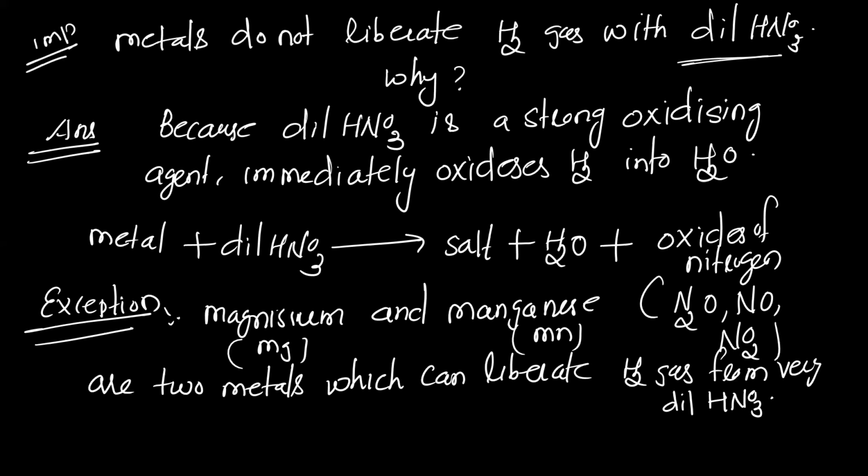Because of that reason, the metals do not liberate hydrogen gas with dilute HNO3. But we have the exception. There are two metals, magnesium and manganese, which can liberate hydrogen gas from very dilute HNO3. I think it is clear to everyone.